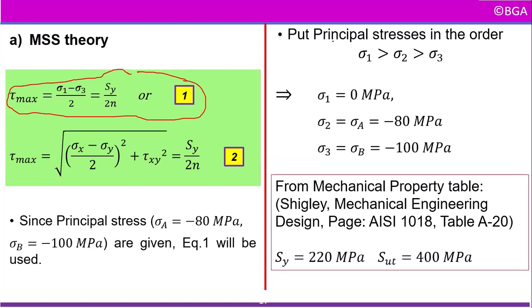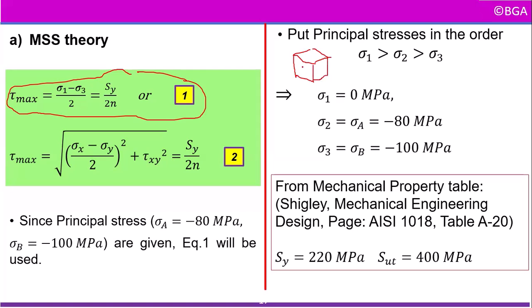You always need to put these principal stresses in order, like sigma 1 greater than sigma 2 greater than sigma 3. These all three stresses are principal stresses. This is for a three-dimensional stress state where we have a cube element. We say this is a triaxial stress element.